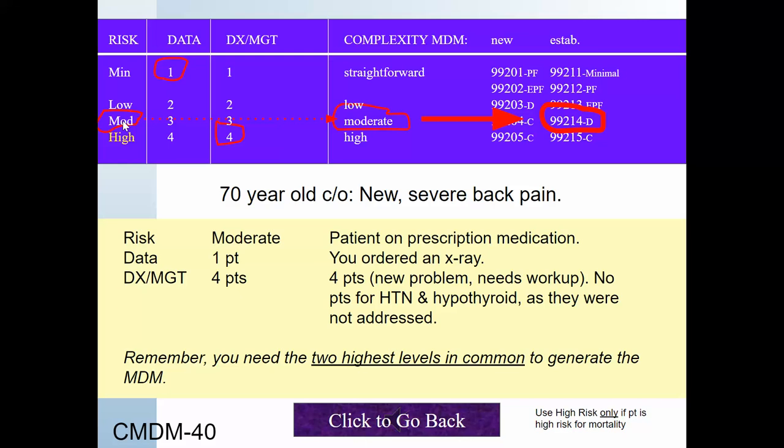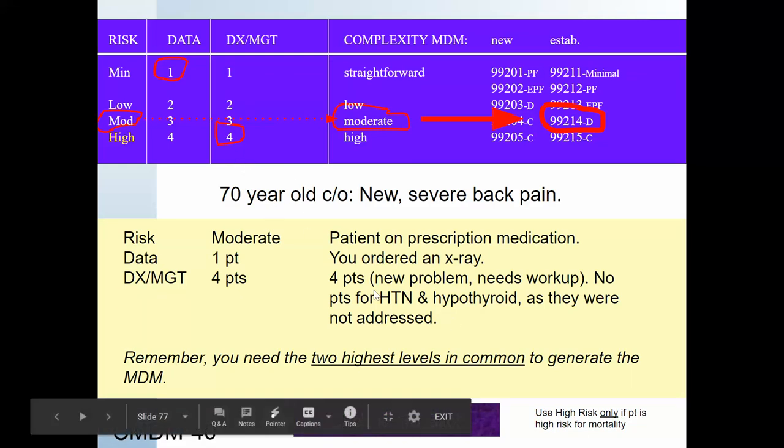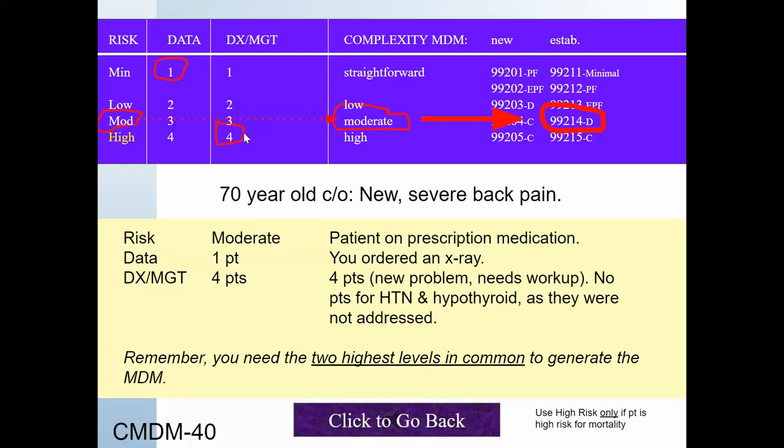And again, we're making the point that one of the highest things you can be compensated for in primary care, or whether you're a consultant or whatever, is this new problem.